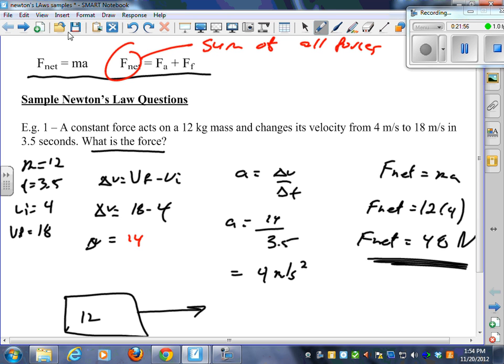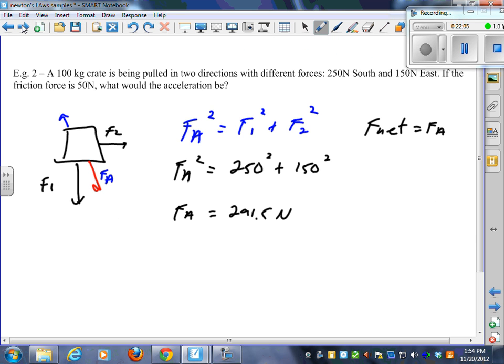So I'm really subtracting, but I would prefer that you show it as adding a negative, because that's really what it is. So I'm going to write FA plus FF, and so now I get 291.5. Can I just write minus 50 there? Giving me a net force of 241.5 newtons.